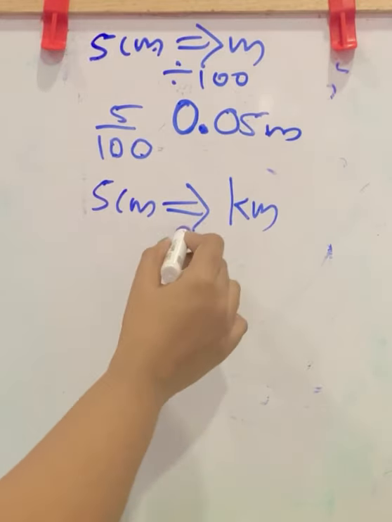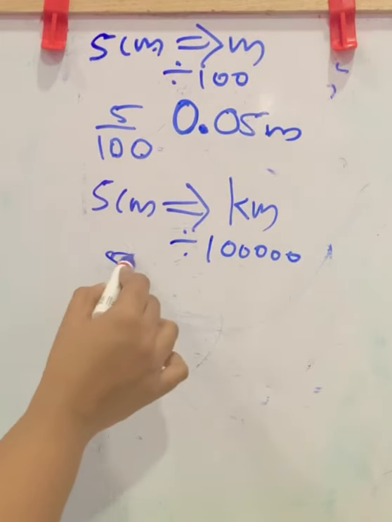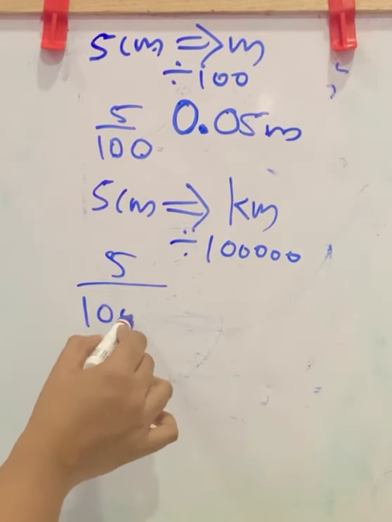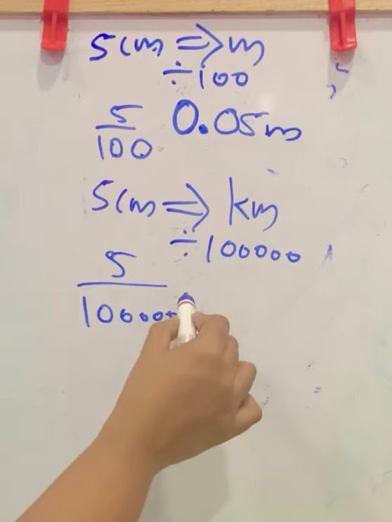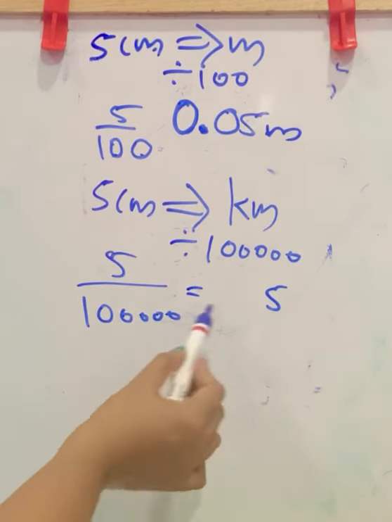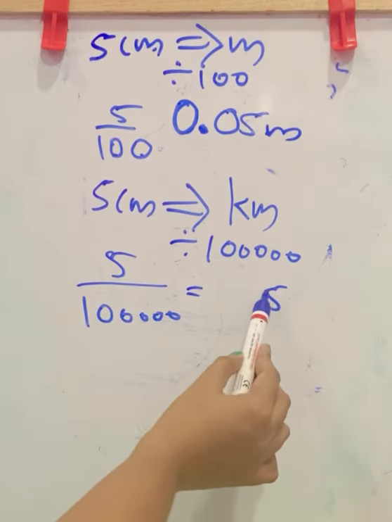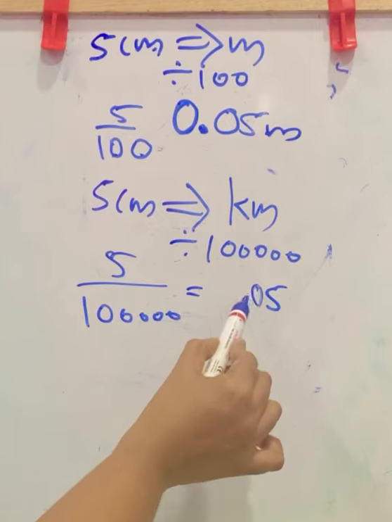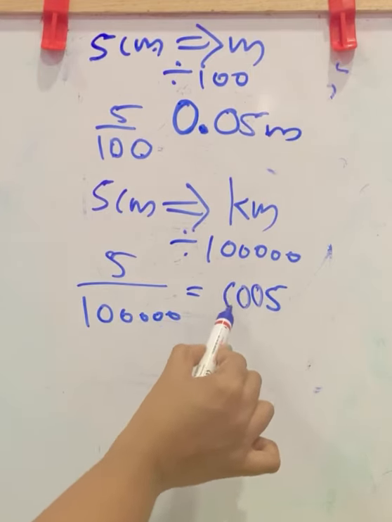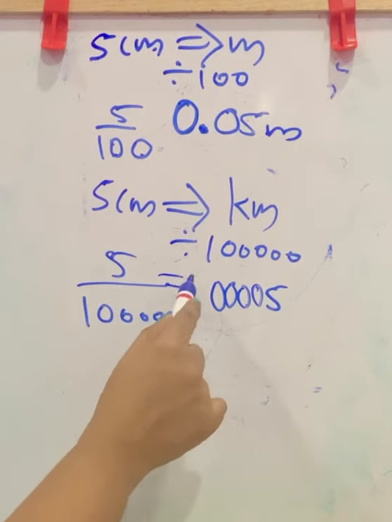5 centimeters to kilometers. So division by lakhs, that is 1 and 5 zeros. So 5 will be here, and you want to move the decimal 5 places leftward. 1 place, 2nd place there is nothing, 3rd place nothing, 4th place nothing, 5th place also no number.